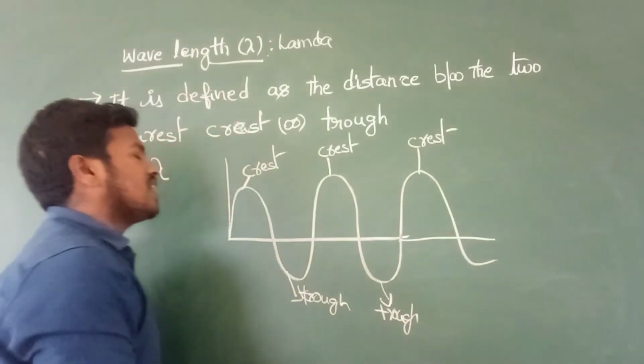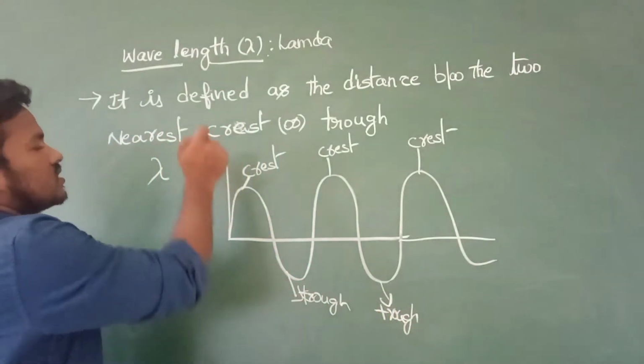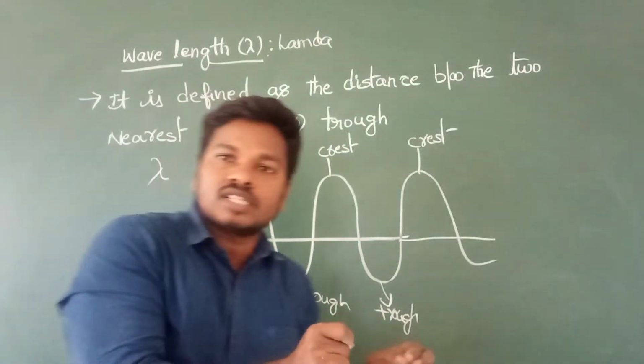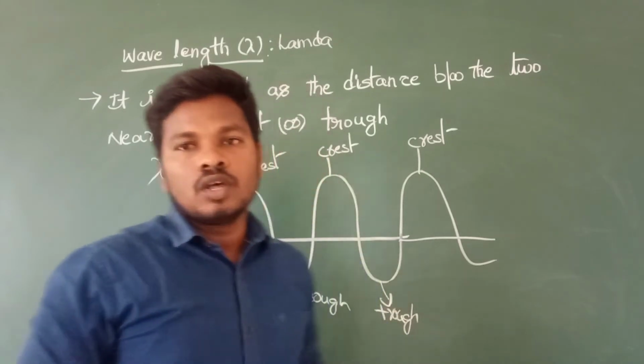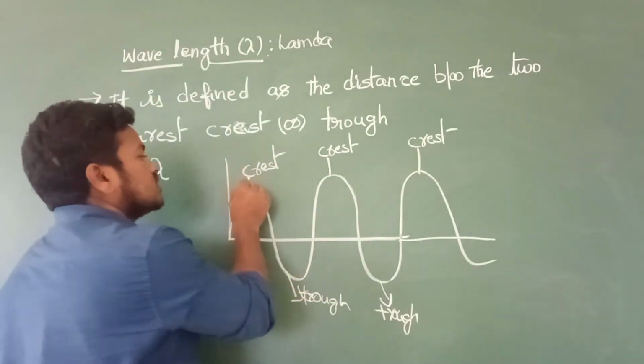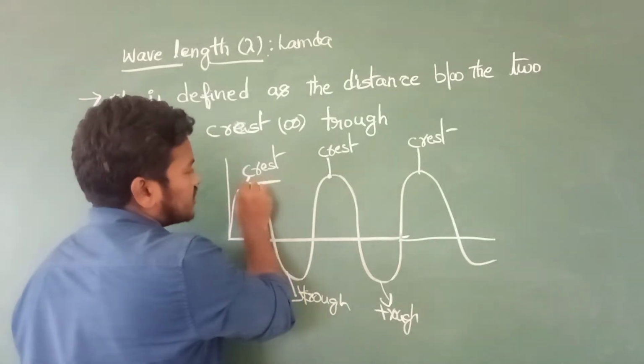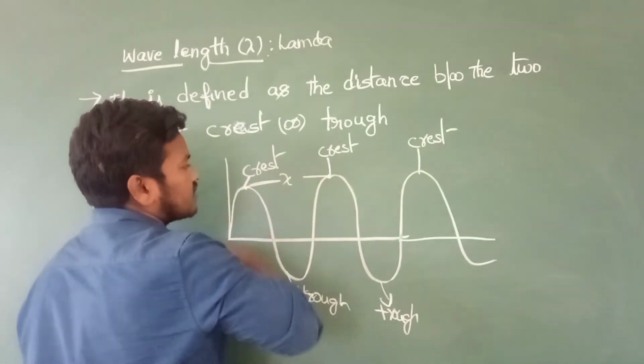The definition, along with this diagram, is the distance between two nearest crests or two nearest troughs. So for this crest, this is the nearest crest, and the distance between these two we call lambda.